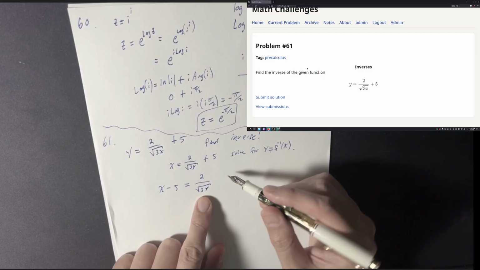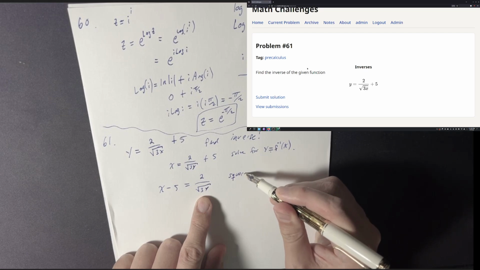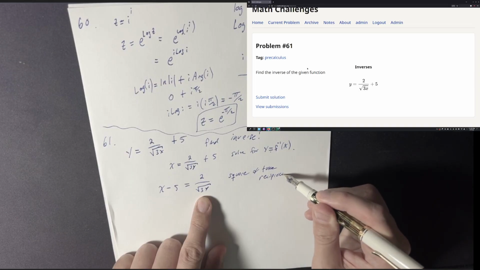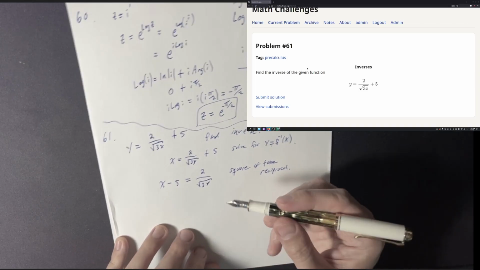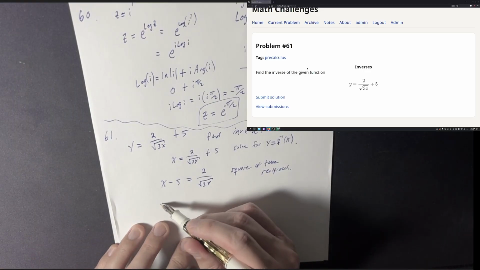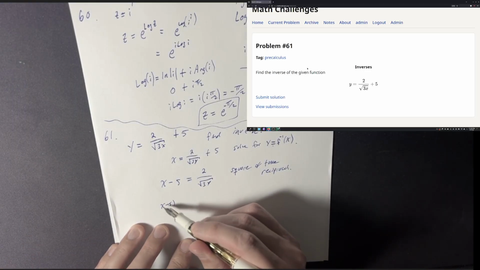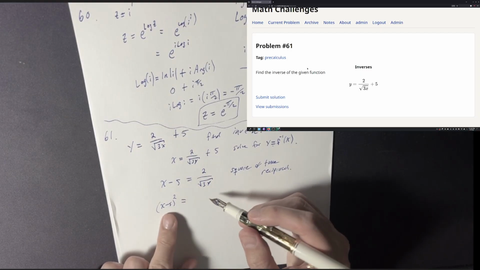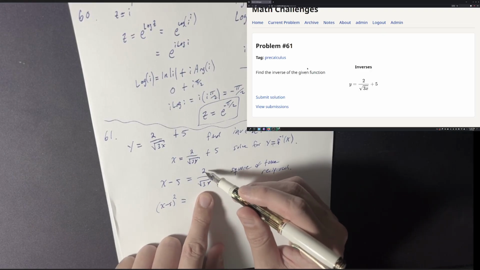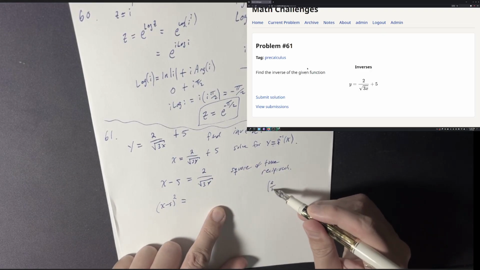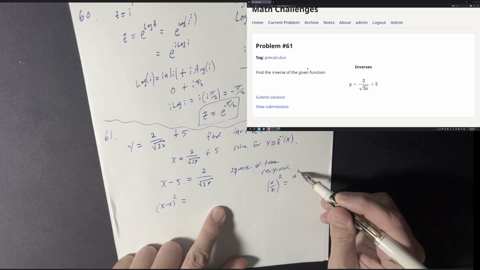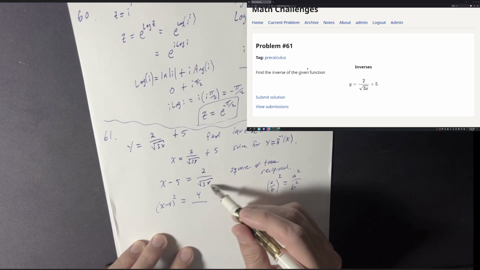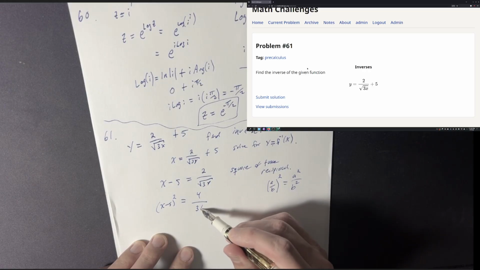So now that I've got it isolated, I want to both square and take the reciprocal. Let's square first. If you square first, you'll get this squared, and you don't necessarily need to expand that. I wouldn't bother. On the right-hand side, if you had a over b squared, you get a squared over b squared. So we're getting 4 over, and then when you square the square root, it cancels and gives you 3y.